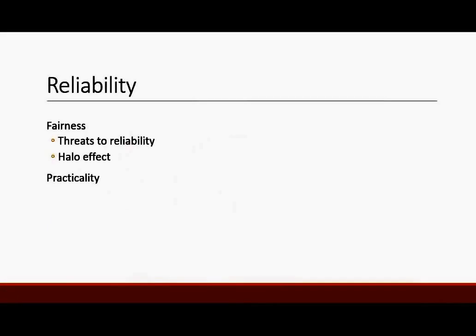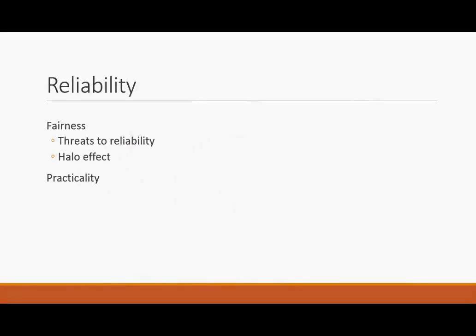If there are threats to reliability, we have an issue. If there's a halo effect, if a test is going to be biased towards a certain student or a certain type of student, that's an issue. And then practicality is one thing we look for in reliability.